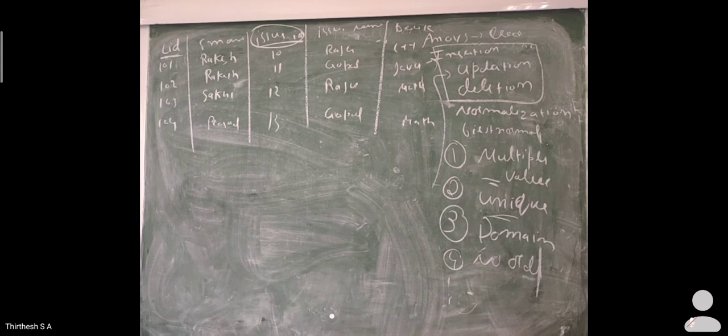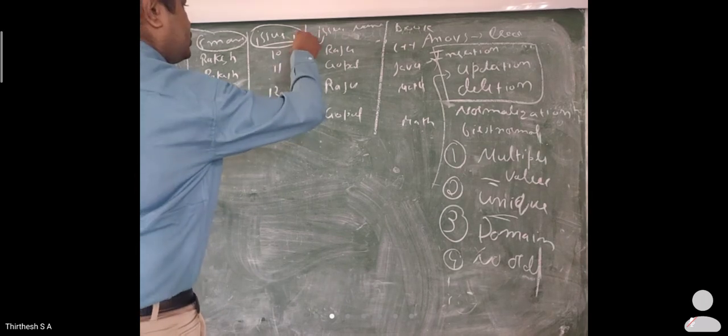Like sname is only dependent on library ID, the primary key, also called LID. Next, issue name is dependent on issue ID.